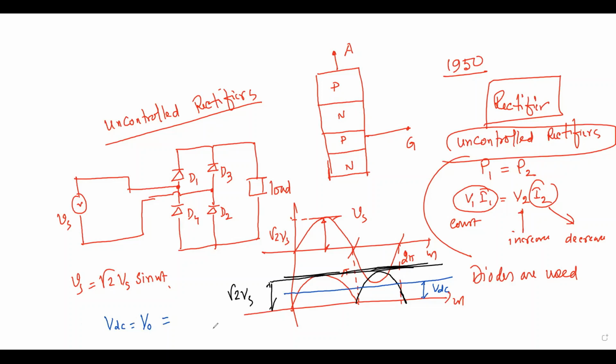We have already learned it in terms of Vs. What is this DC value? The average value. Yes, what is it in terms of Vs? In terms of Vs, what is this? Here, what should I write down?